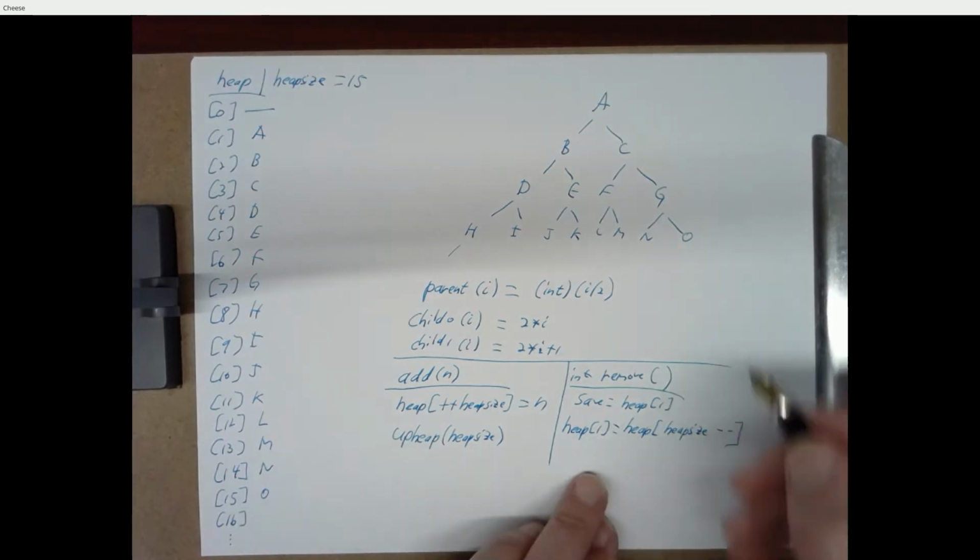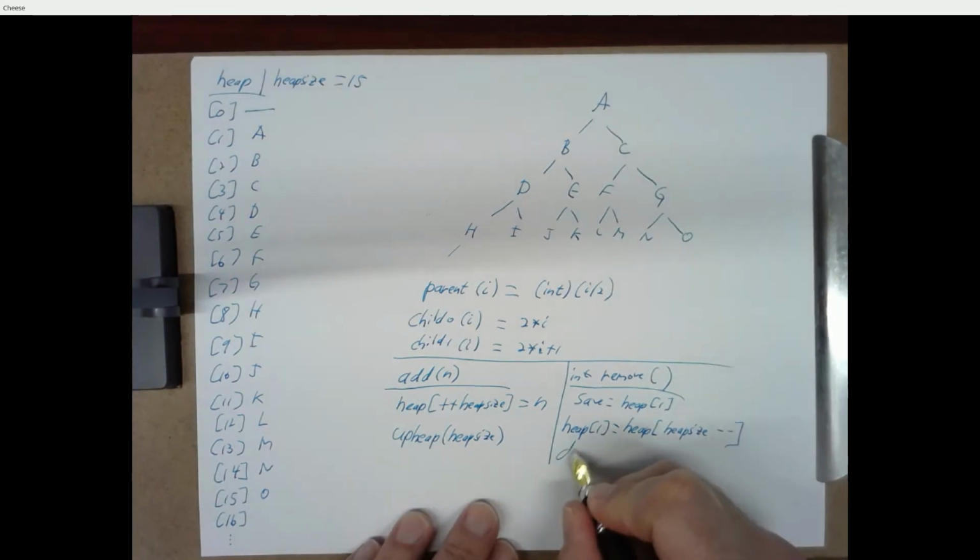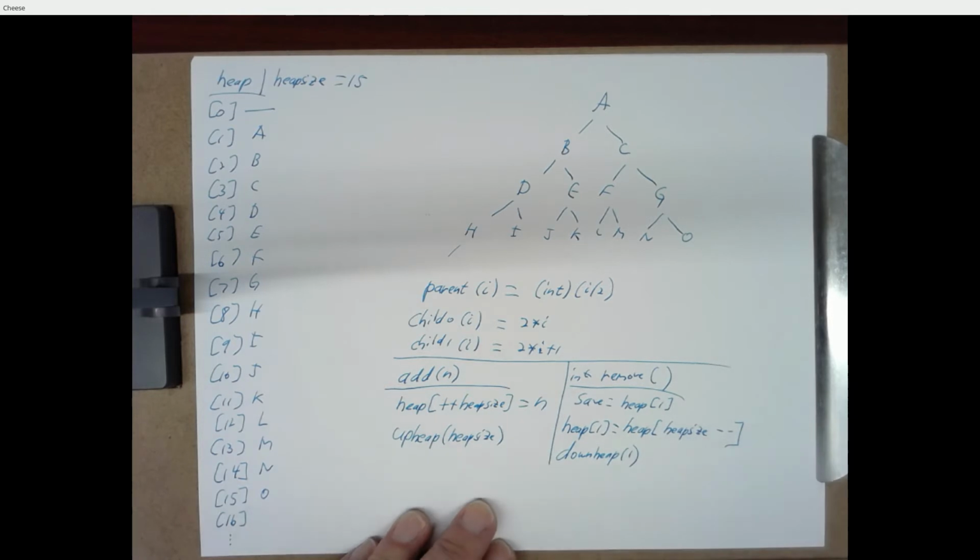So that moves the last node up to here, and then we can call down heap on the root, and when we're done we can return save. So removal is really easy too, as long as you have up heap and down heap, so you get a friend to write those for you.